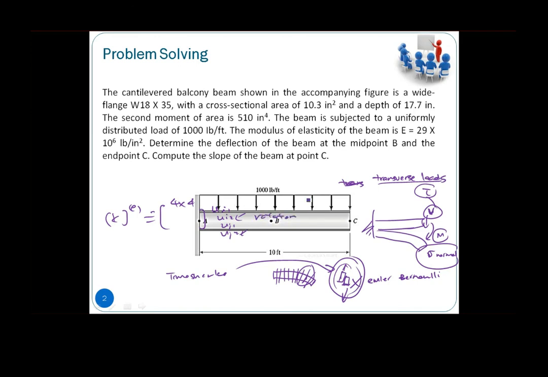So under Timoshenko beam theory, it considers these shear deformations coming into play. Then it's more accurate compared to Euler-Bernoulli, where it's simplified. You don't consider this transverse loading shear deformations.